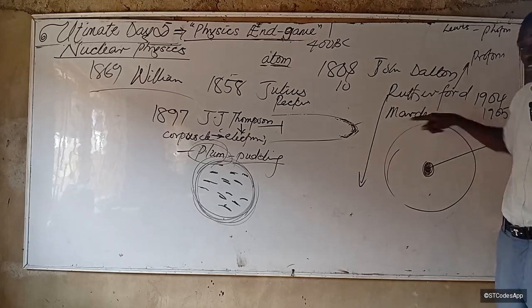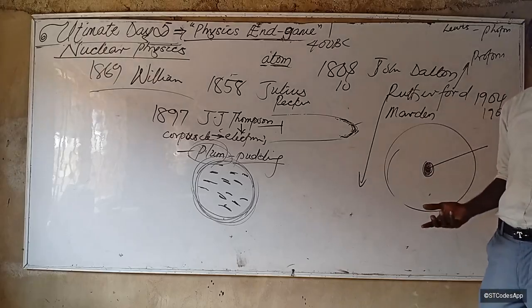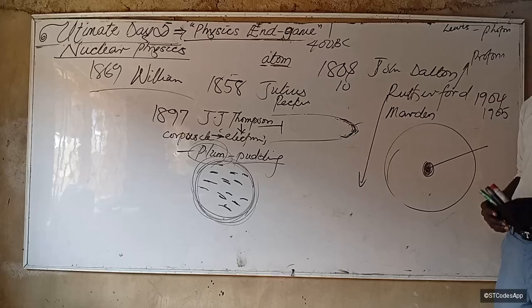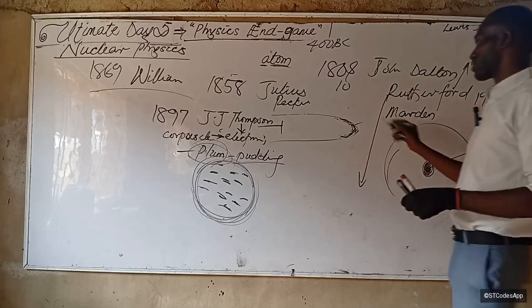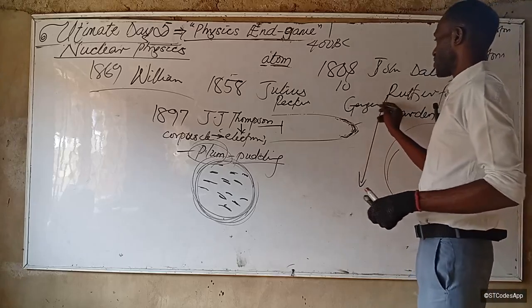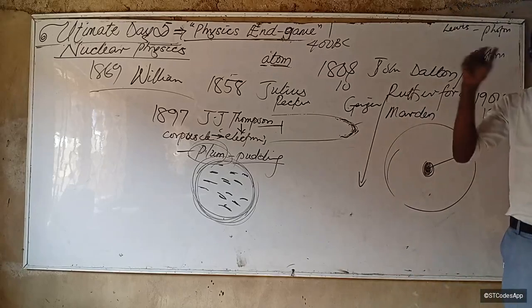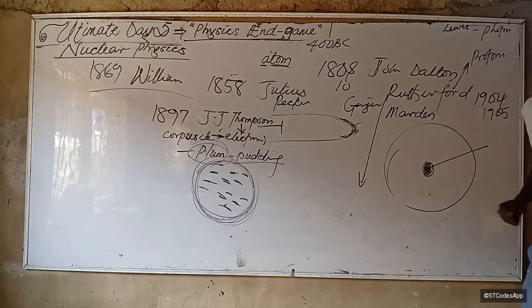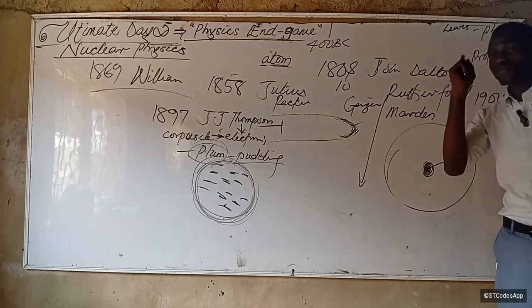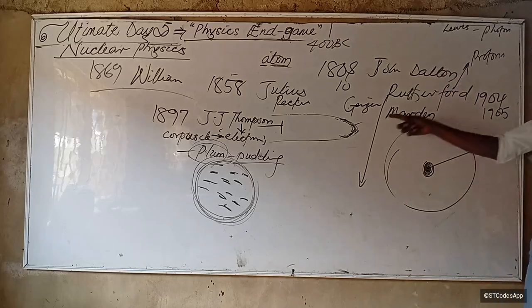He told his associate, how about you try this? Geiger and Marsden. Geiger was the eldest. He called Geiger: how are you? This experiment that I've been trying, to prove JJ Thomson wrong, how do we do it?